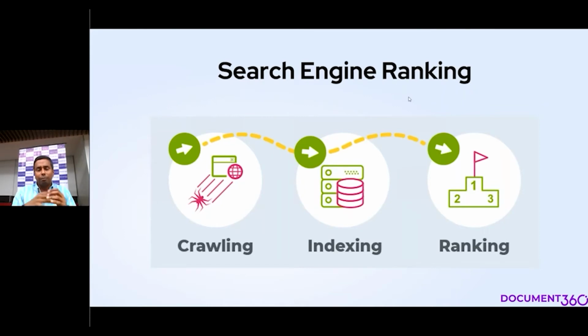If you look at how a search engine ranks your page, in terms of whether you come first or second or third, most search engines have these bots. These are programs or scripts that come and crawl your website or your knowledge base site.